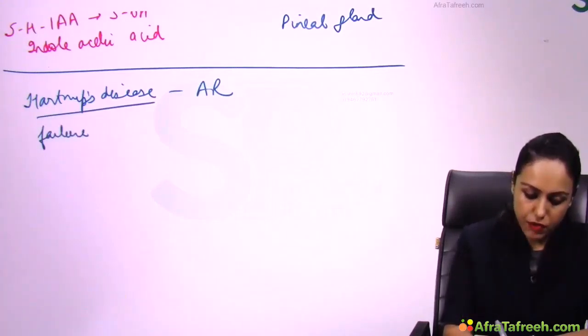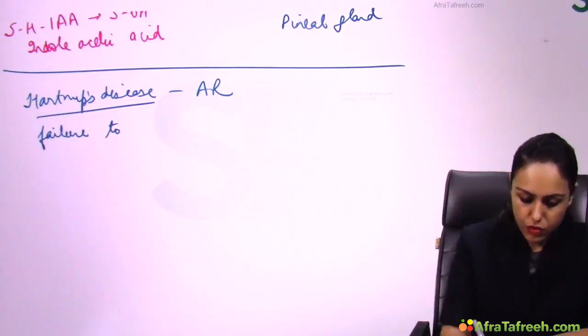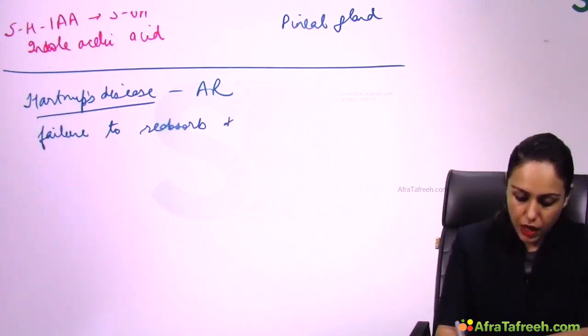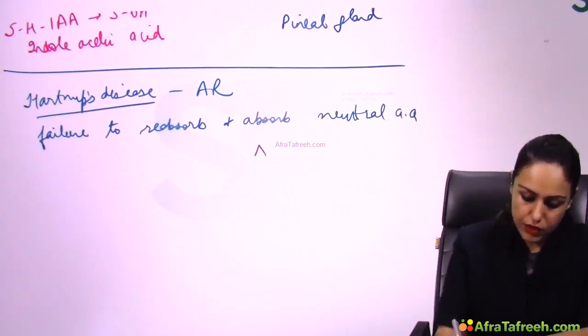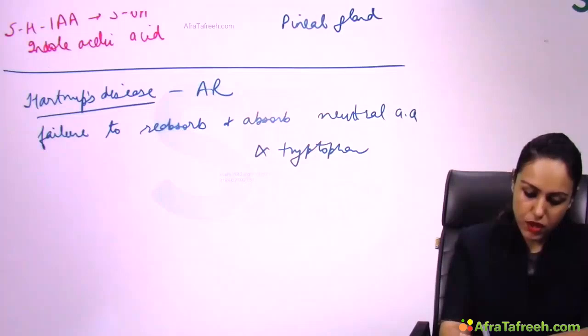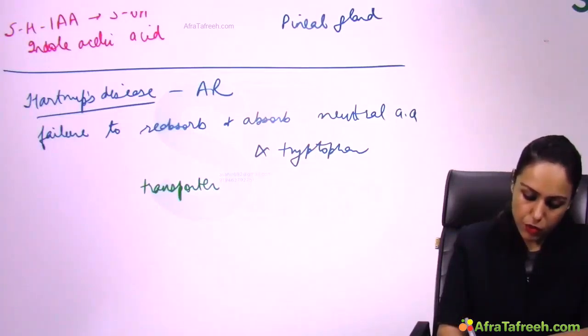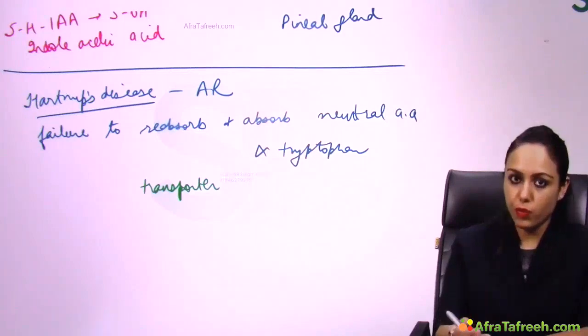There is failure to reabsorb and also absorb neutral amino acids and tryptophan, because there is one common transporter for neutral amino acids and tryptophan.